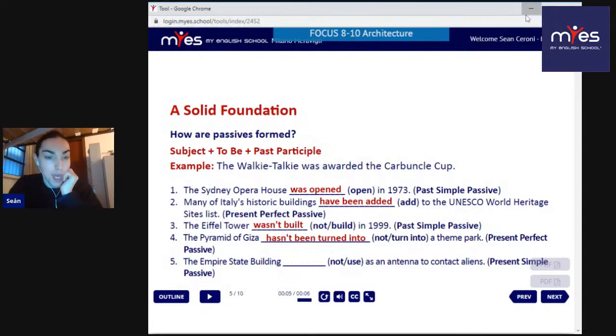So, "the Empire State Building is not used as an antenna to contact aliens". Present simple passive. And how do we make a present simple passive? "Isn't used."